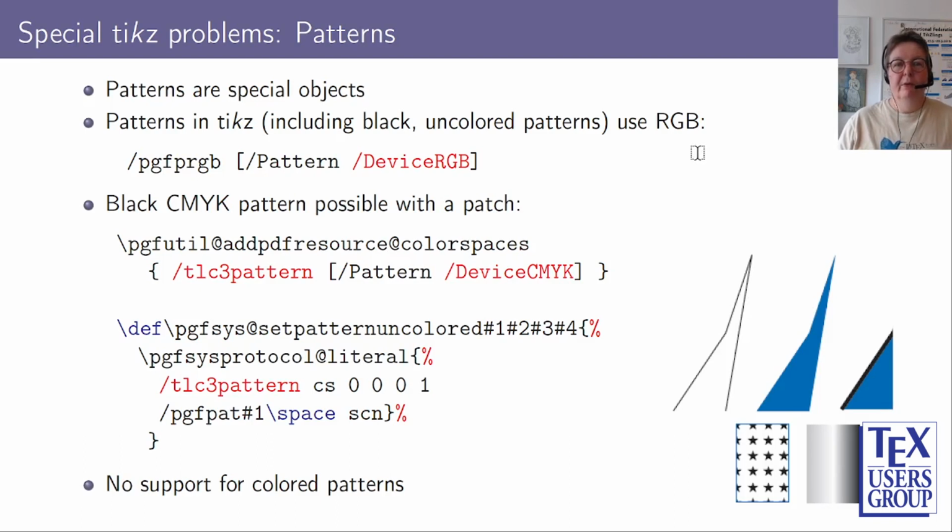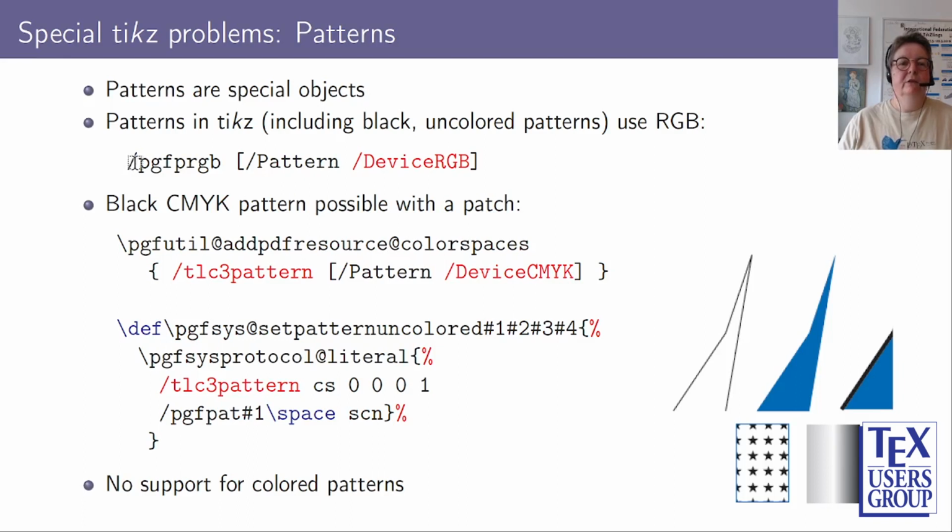Another problem are patterns. Something like this here below is a pattern, and here is a shading. A pattern is also a special object in the PDF. Patterns in TikZ are also RGB. This is rather low-level code and cannot be easily changed.